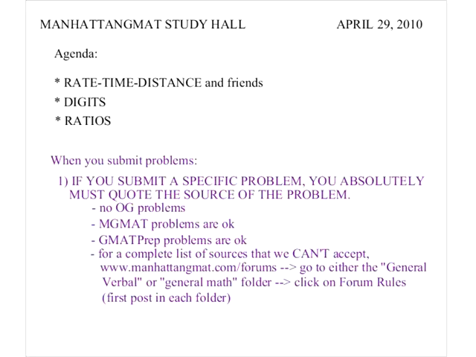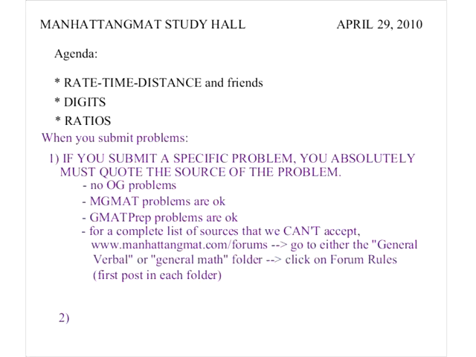What you can do, let me go ahead and type this here before we type rule number 2. What you can do, and what people do on the forums a lot of the time, is make your own version of the problem. Put your own spin on the problem.